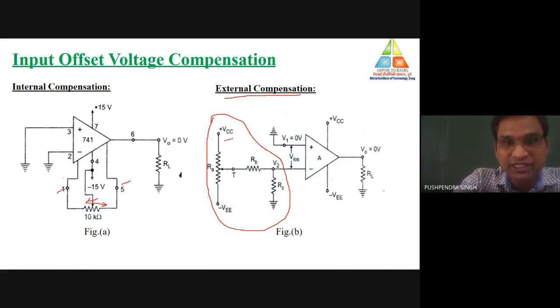Suppose it's plus minus 15 volt. Plus minus 15 volt supply is connected here. So at the center, starting from here, minus 15, minus 14, minus 13, minus 12, and so on down to minus 5, minus 2, minus 1 and 0. So the center point is at 0. Then again, when we move towards this side, 1, 2, 3, 4, up to plus 15 volt.